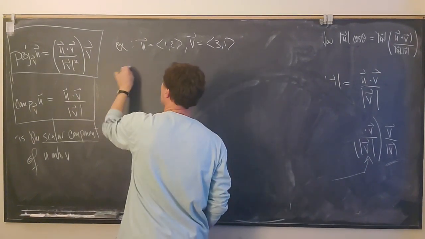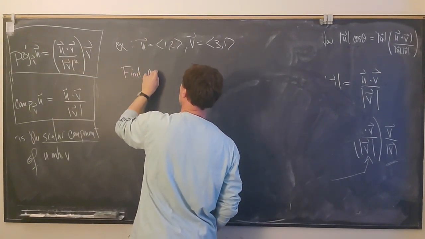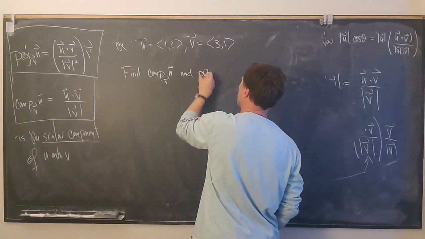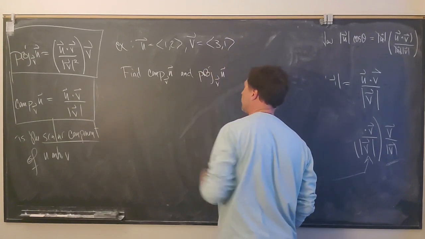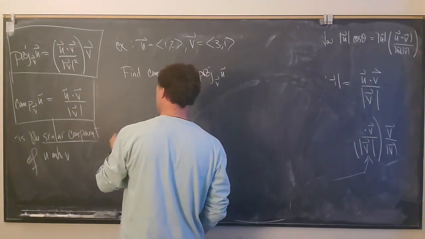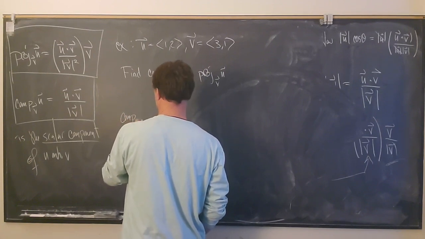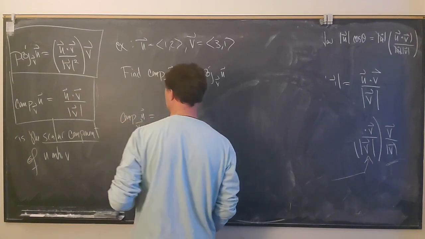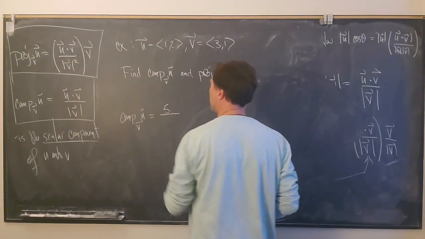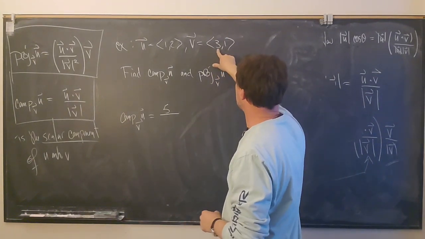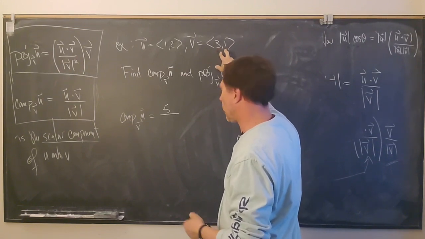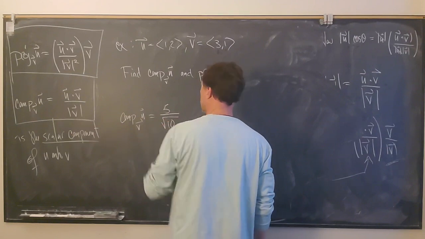We'll do both the component of u onto v and the projection of u onto v. So first, for the component, that'll be the dot product in the numerator. So that's going to be a 3 plus 2, so we get a 5. And then we need the length of v. The length of v is going to be 3 squared, that's 9, plus 1, 10, square root. All right, so 5 over root 10.